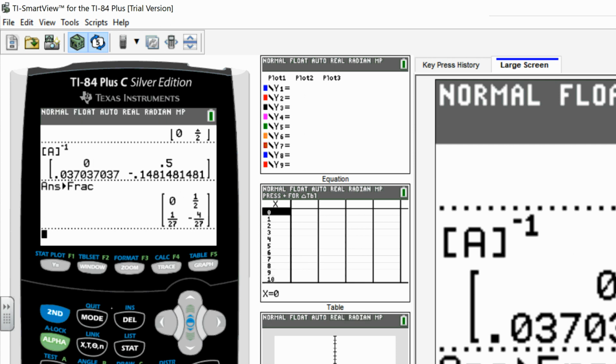Any other questions on inverses? There is a chance that there might be some that are not possible because the determinant is 0. Because if the determinant is 0, then we cannot have an inverse. It is not invertible. Does that make sense? Not possible.